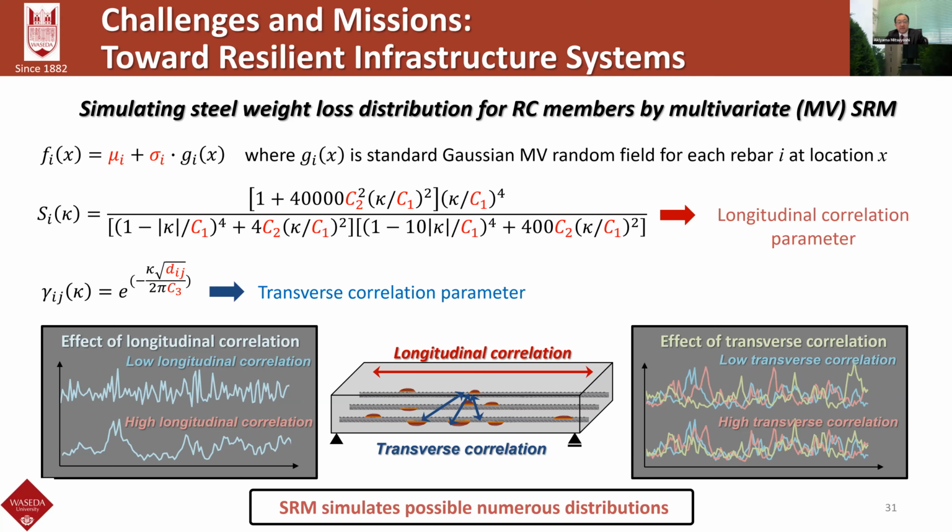Low transverse correlation means those distributions are more scattered among the rebars in the transverse direction. In contrast, high transverse correlation means the steel corrosion distributions are more correlated among the rebars. So it may be possible for 3 rebars to have a high steel corrosion, like this point, at a specific location simultaneously. It was very tough for my team to fully understand the multivariate spectral representation method. So with super big help from my colleagues at Lehigh University, Dr. Bocchini and Dr. Vasileios, we finally generated artificial steel corrosion distributions, considering both longitudinal and transverse correlations.